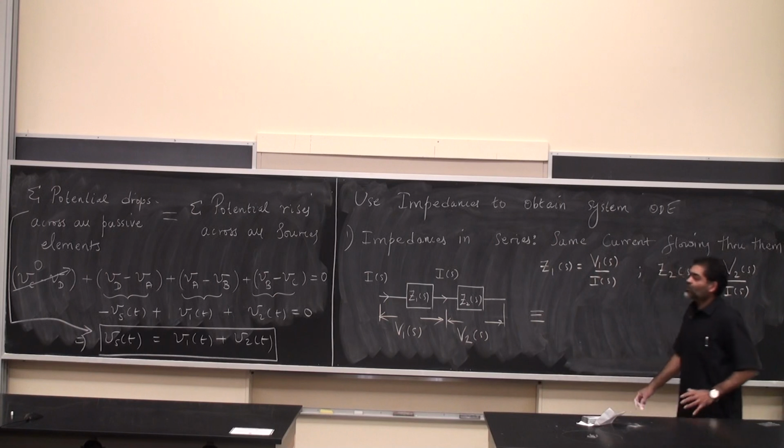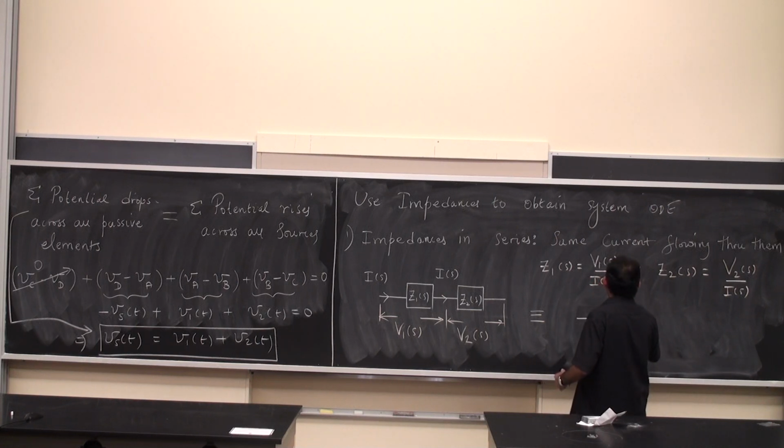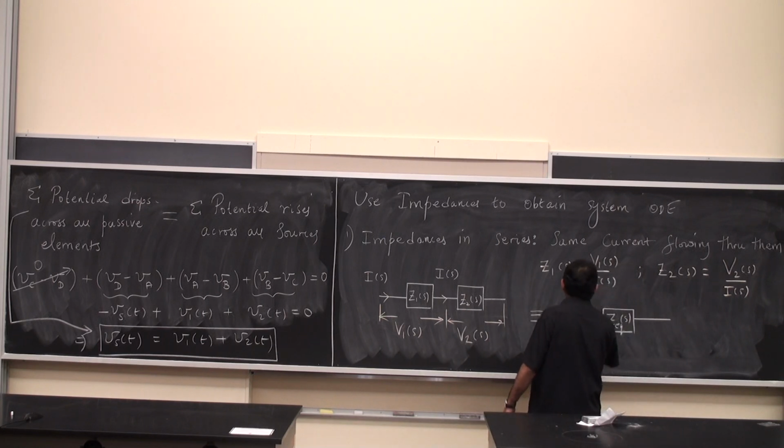So this is now replaced by an effective impedance called Z effective, or Z equivalent.